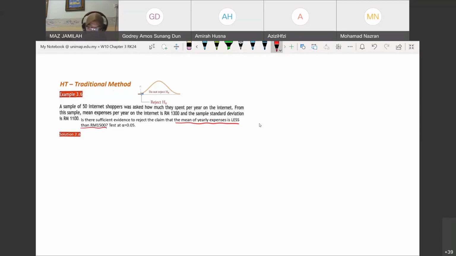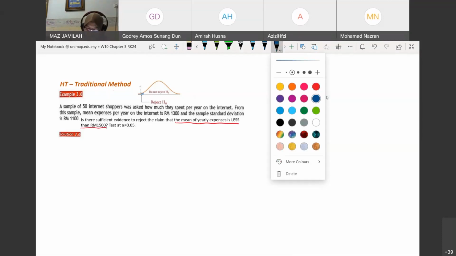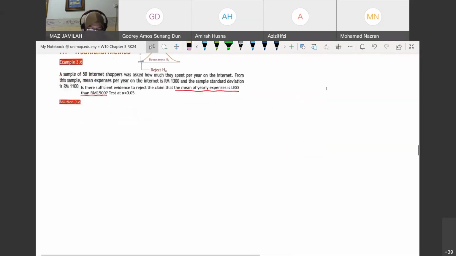So let's look at how we can solve this using the traditional method. First step, the null statement. Look at the last sentence: is there sufficient evidence to reject the claim that the mean yearly expense is less? So this is your keyword. If you have this keyword, it is stated in your alternative statement.